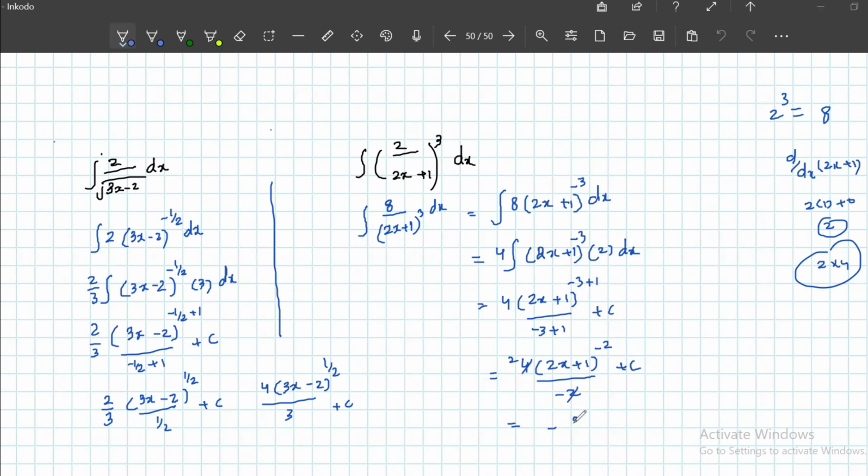So we have minus 2 (2x plus 1) whole power minus 2 plus c, or we can say that minus 2 over (2x plus 1) whole power 2 plus constant of integration. I hope it is clear. Thank you.